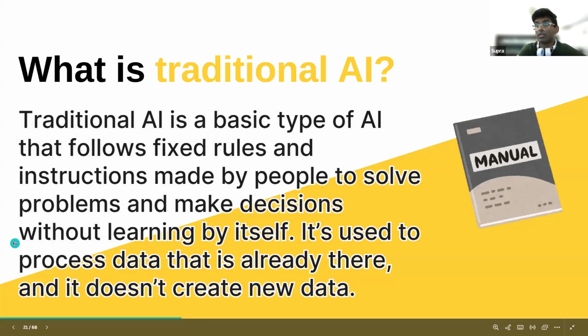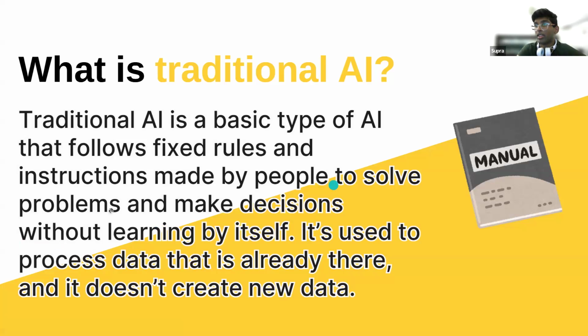Here it says it solves problems and makes decisions without learning by itself. No learning is the key. So without learning is the key word for traditional AI here. There's no machine learning in it. It's very basic. So traditional AI is more like weak or narrow AI. Yeah, exactly.